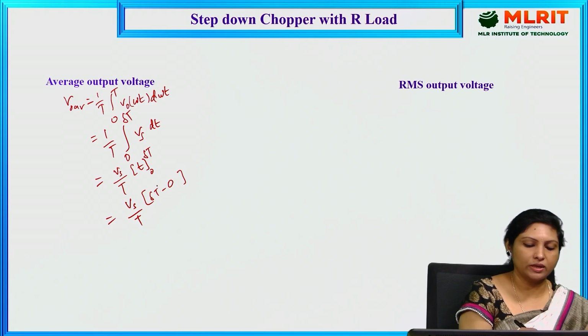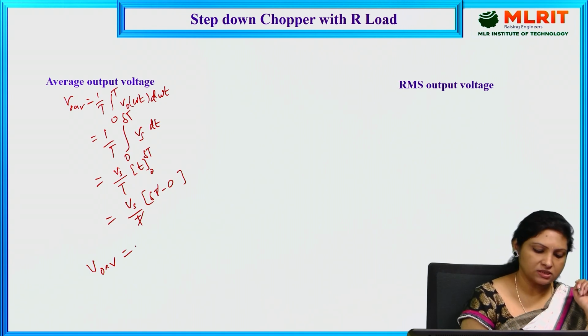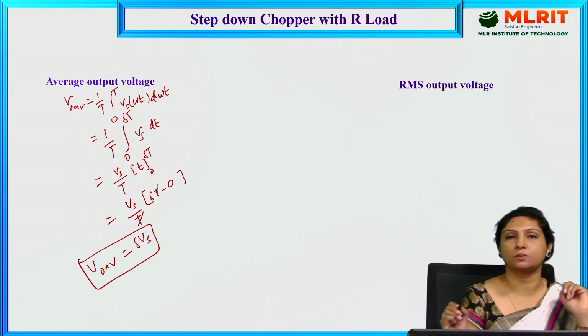Here T and T cancel, such that the V0 average expression for the single phase step down chopper with resistive load is delta Vs. This is the V0 average expression.